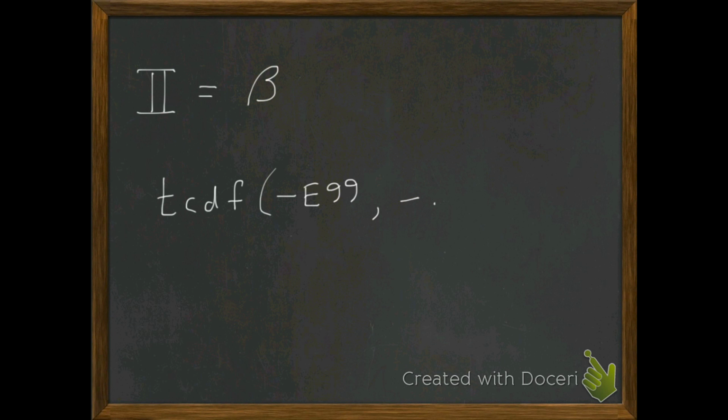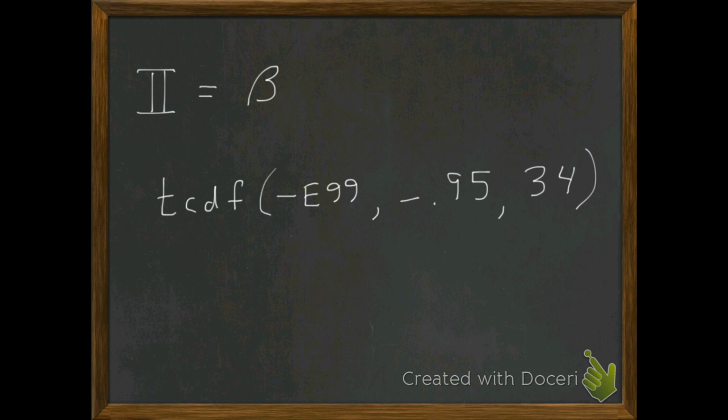So calculations of a type 2 error, which is beta, we would use tcdf of negative E99, negative 0.95, comma the degrees of freedom of 34. Alright, so let's put that in our calculator.